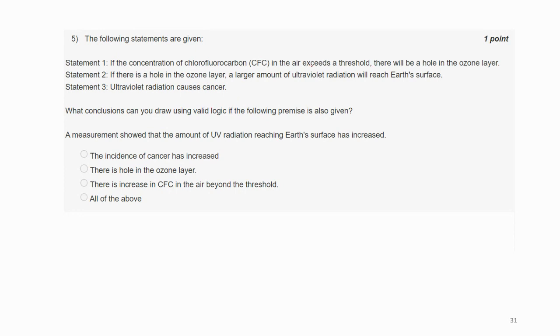So if UV radiation is increased, then the incidence of cancer has increased. The options: there is a hole in the ozone layer; there is an increase in CFC in the air beyond the threshold; and all of the above. If you look at the answer, the incidence of cancer has increased, because that is the only direct consequence of UV radiation. Once UV radiation increases, it causes cancer.